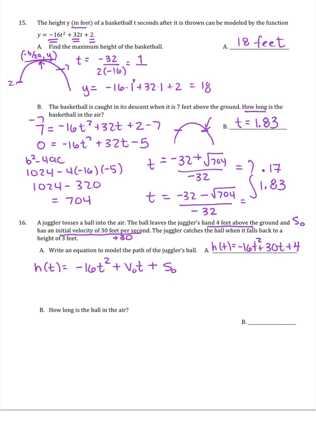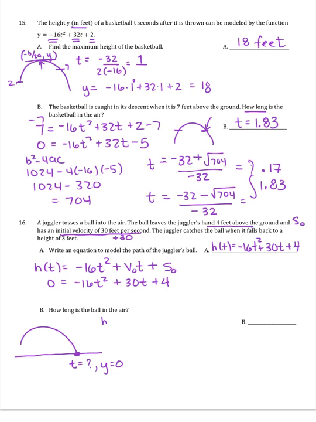All right, and it wants to know how long is the ball in the air, which in other words, we're trying to find out at what time the ball hits the ground again. So you're just setting that equation equal to 0 and solving by quadratic formula. So we're going to do like we did before.